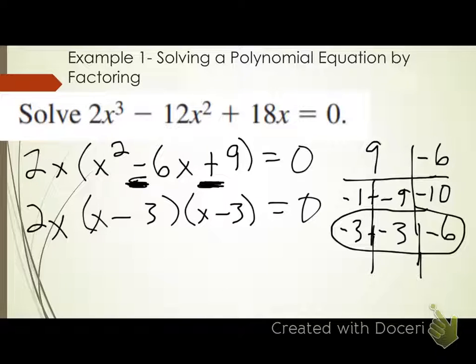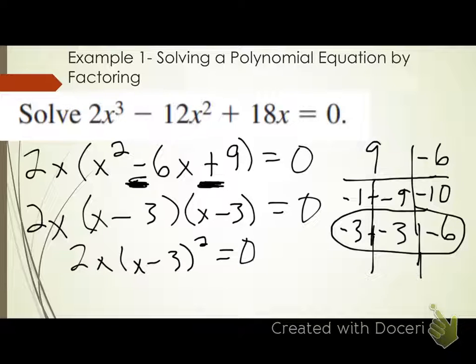Okay, how else can I write this? 2x times x minus 3 squared equals 0. Right? We're okay with that? Now, how do I solve this? I'm trying to solve this for x.